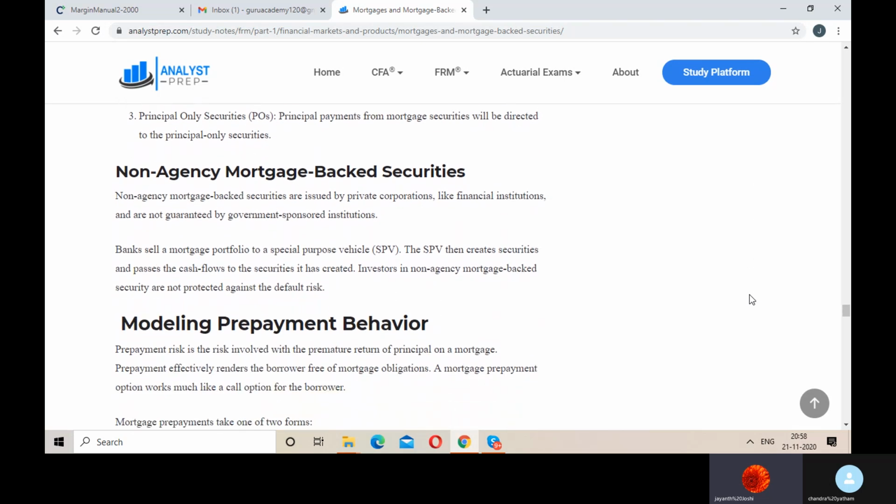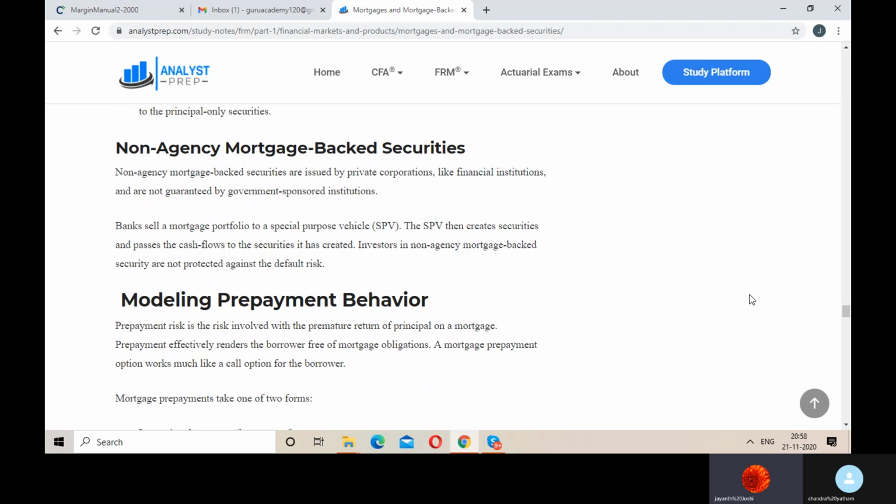Now, non-agency mortgage backed securities. What is this? Non-agency mortgage-backed securities are issued by private corporations like big companies and financial institutions, and are not guaranteed by government-sponsored institutions, because people believe that these big finance institutions or private corporations are good, profitable companies.